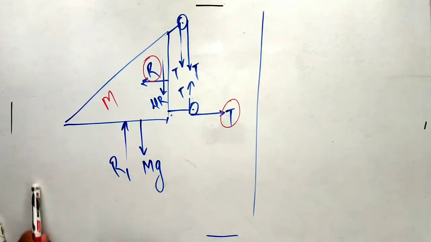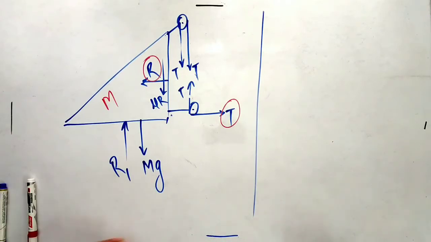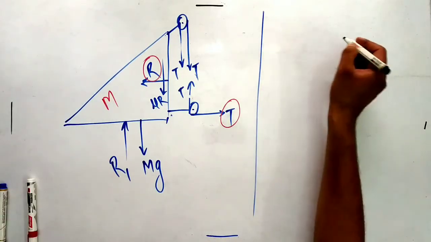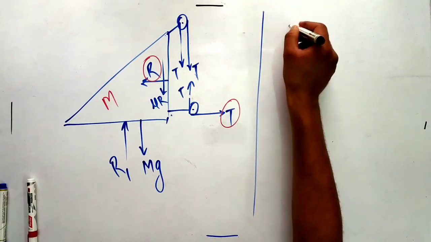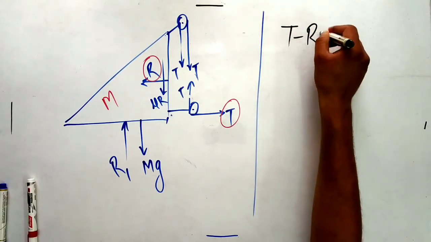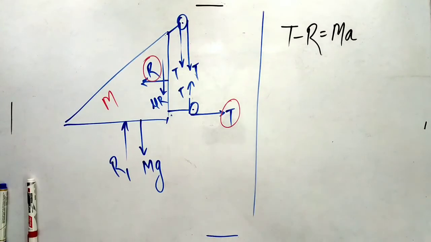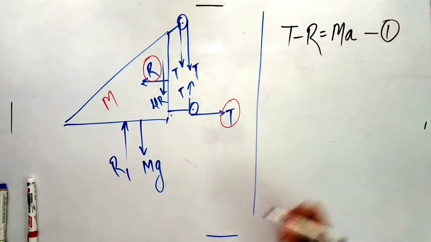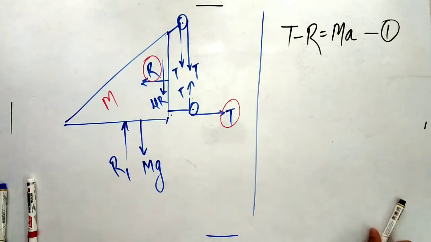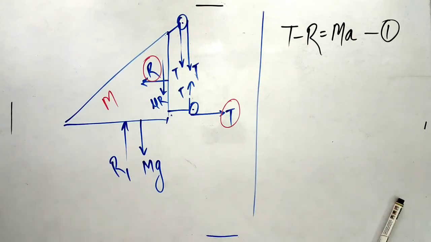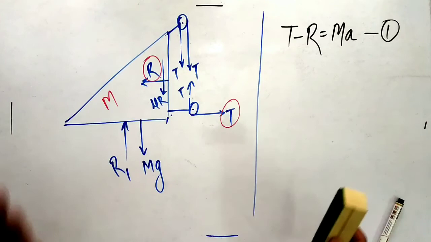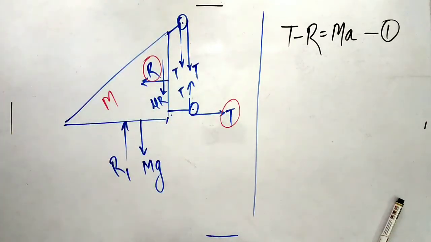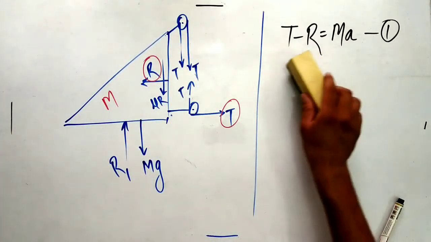So we are going to use this concept to write the equation for the capital mass M. So it's going to be T minus R is equal to MA. Simple. There's nothing else. We're gonna name this first equation. Rest we don't need to write. You draw this diagram in your copy. You also write this equation.